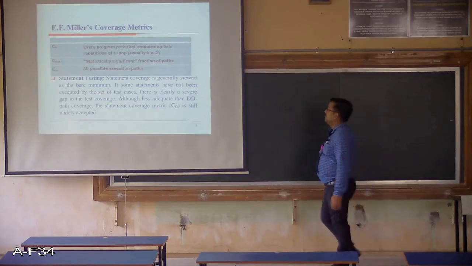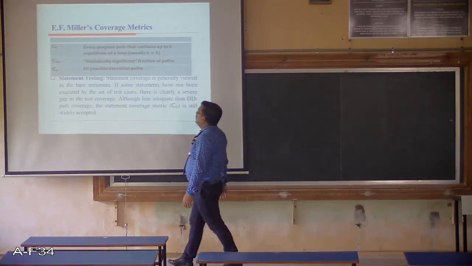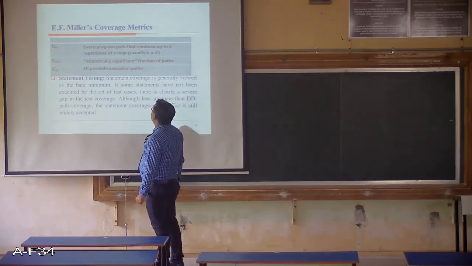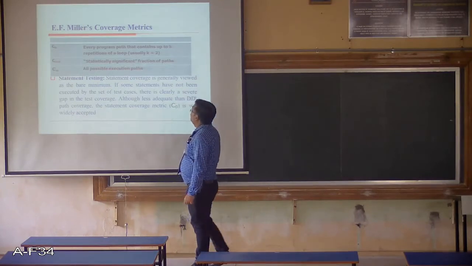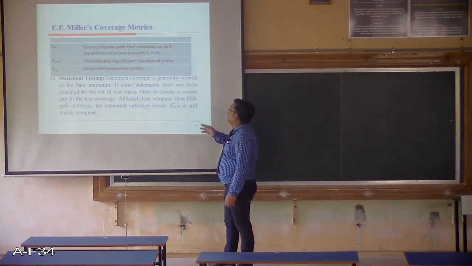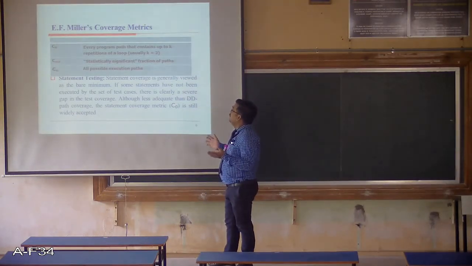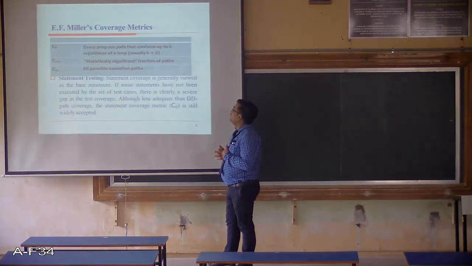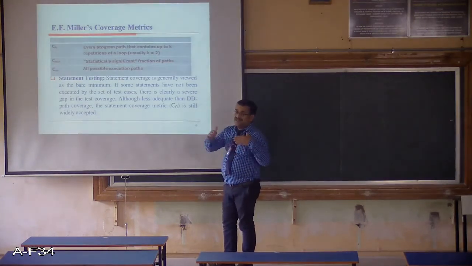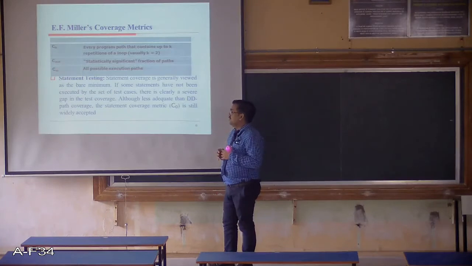Similarly, CIK is every program path that contains up to k repetitions of the loop. It is basically path checking from the source to the sink node.